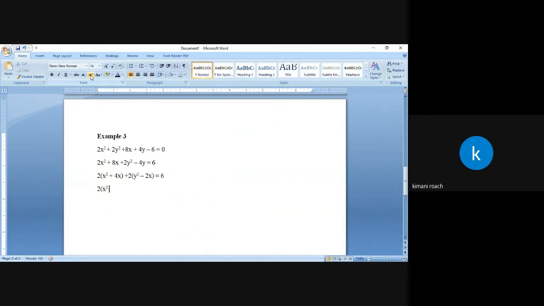So that's x² + 4x. Now b is 4, so when I take half of it, that's 2, and I'm going to square it and add it to both sides. I do the same thing here with y² + 2y.